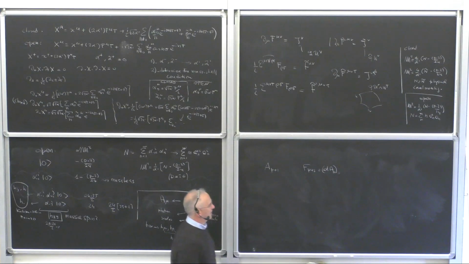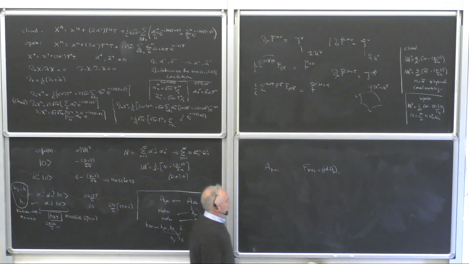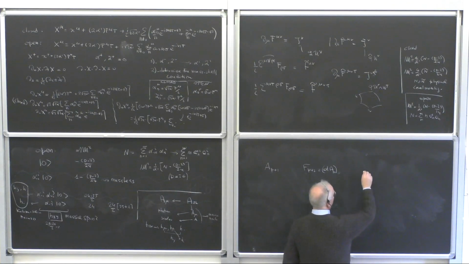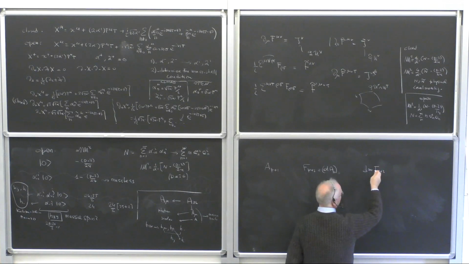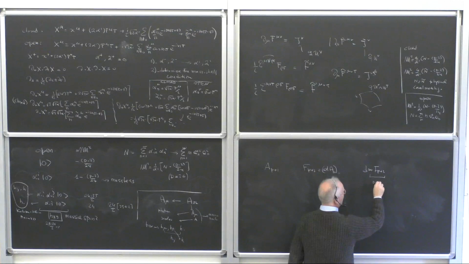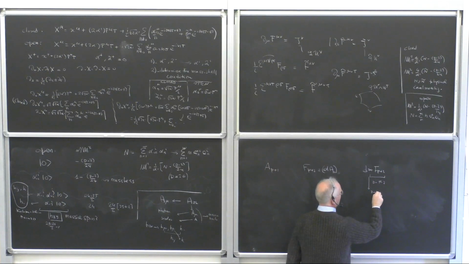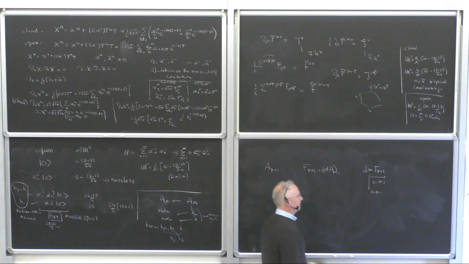D is the exterior differential. And then the analog of the Maxwell equation is d star of this thing. So the star is the operation that I made before. So this starts from a p plus 2 form and builds a d minus p minus 2 form. The d adds another label if you want, and so you end up with a d minus p minus 1 form.